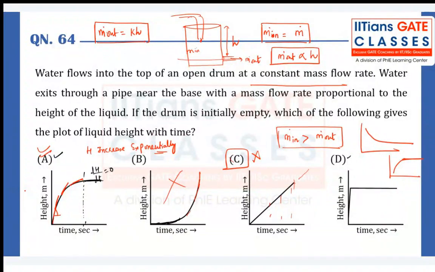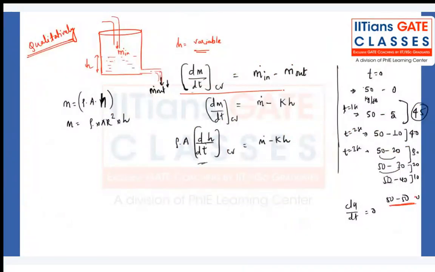So I hope that this particular thing is quite clear. Because these are the thought processes that will be coming in the examination hall, because initially it has to be higher. Why is it coming at a very very faster rate in your mind? Because you can see by this relation; those who are not aware of this will definitely have to leave this question, because the mass flow rate going in and being supplied is constant, and this is varying and is proportional to height h.